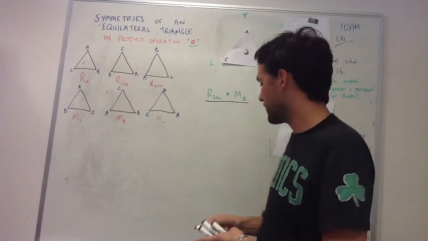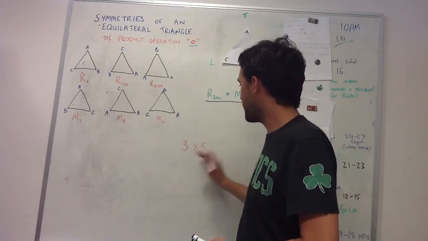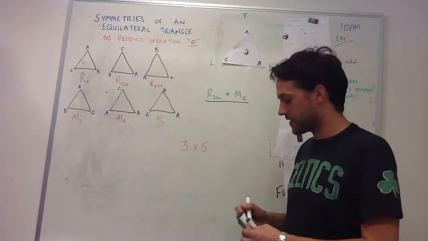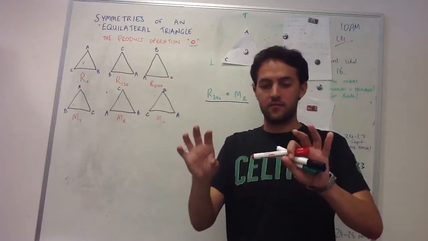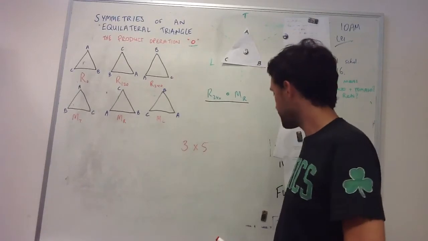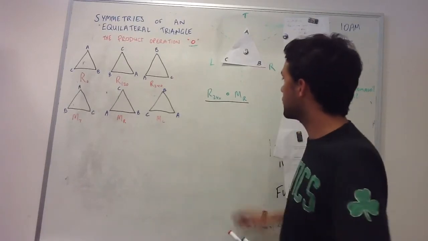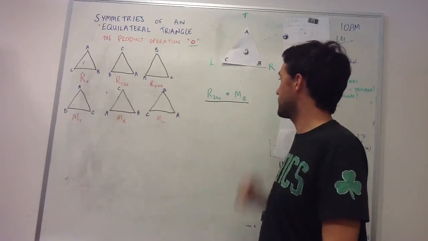So in the same way that with, say, multiplication, we have something like 3 times 5. 3 is a number, 5 is a number. This multiplication symbol is something that takes these 2 numbers and spits out another number. So let's see how the spitting out process happens with these guys here.